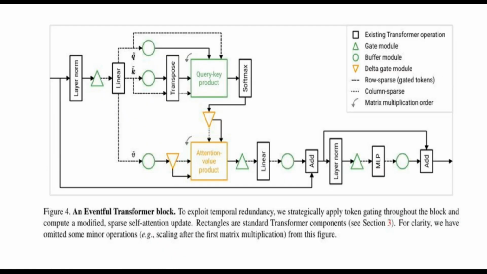And of course, what's even better, Eventful Transformers can be applied to existing models without retraining, and the result is 2 to 4 times computational savings with minimal loss in accuracy, and better real-time performance for applications like action recognition, object tracking, and video understanding.